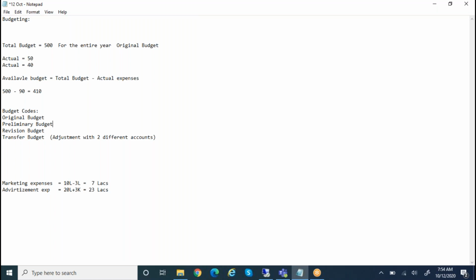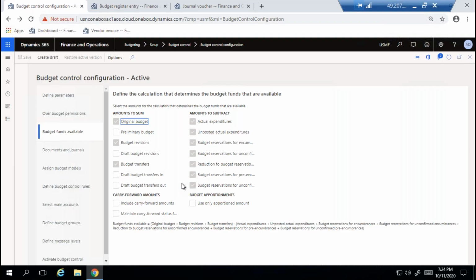Understood? So while doing this calculation, for budget available funds, the system needs the original budget, I want the revision budget, I want the transfer budget. That is the reason I have used original budget plus budget revision, next budget transfer. And if you want the preliminary budget also, you can use this option.